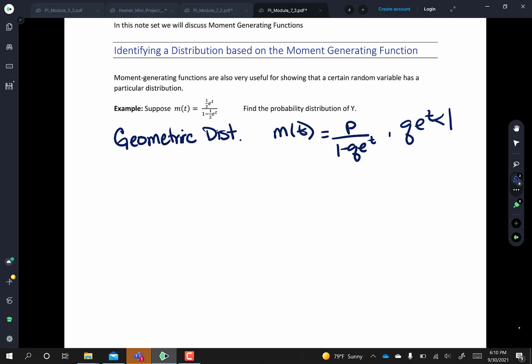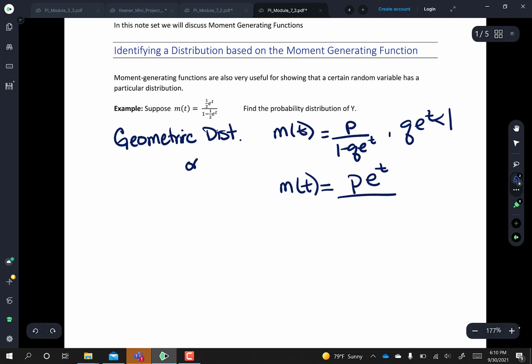It ends up that the geometric distribution has two common ways to parameterize it. In that probability cheat sheet, they use one parameterization, and if you work through it, this is the moment generating function you get. Or if you look at our notes, we use a slightly different parameterization. For the geometric distribution in our notes, if you work through the moment generating function, you would find that it is p e to the t over 1 minus p e to the t.